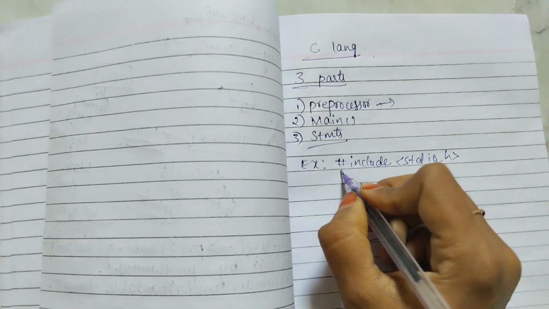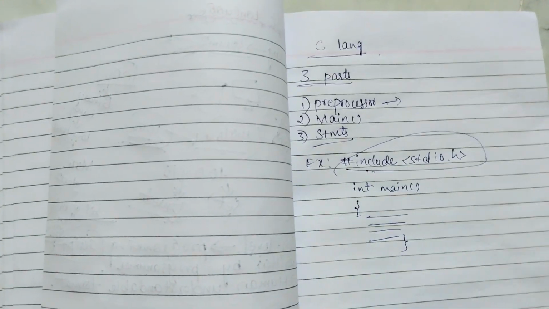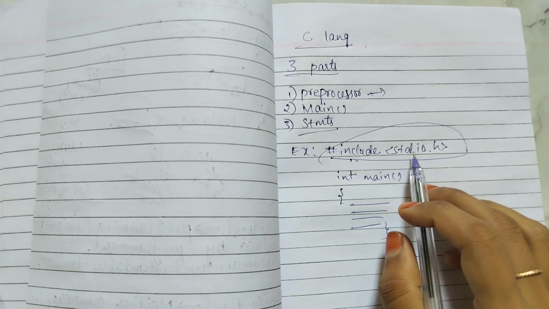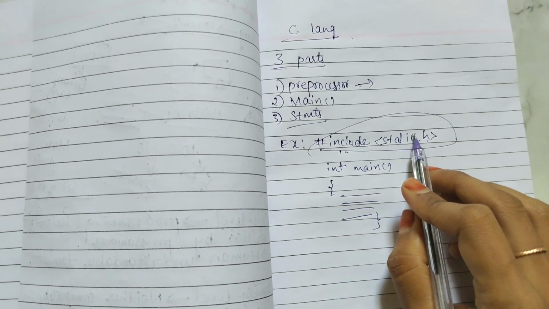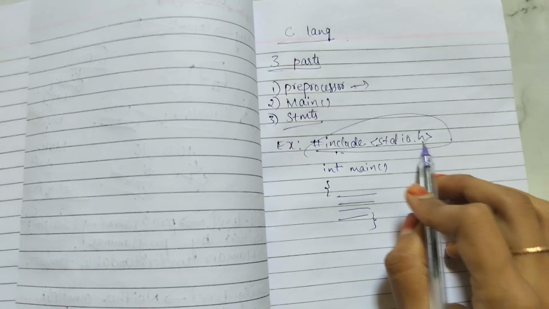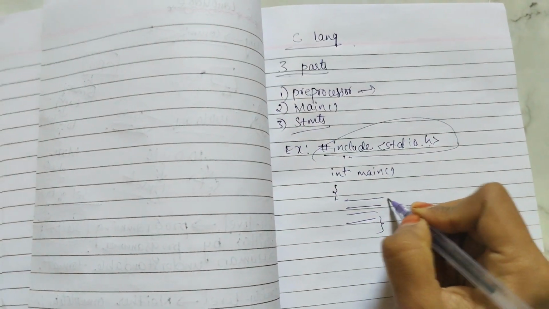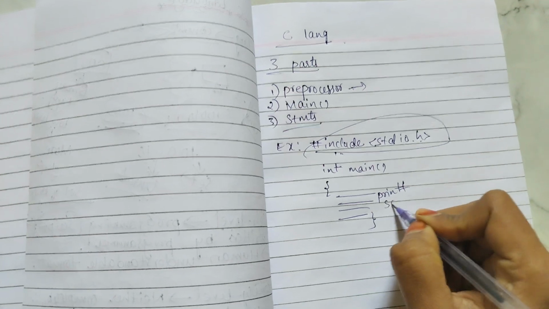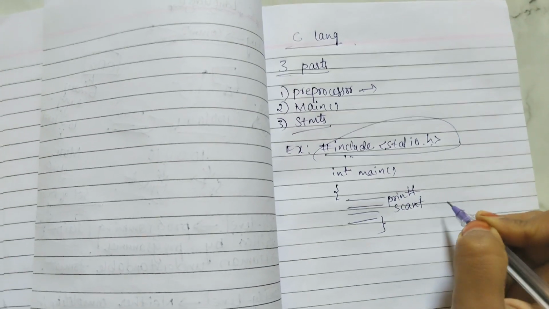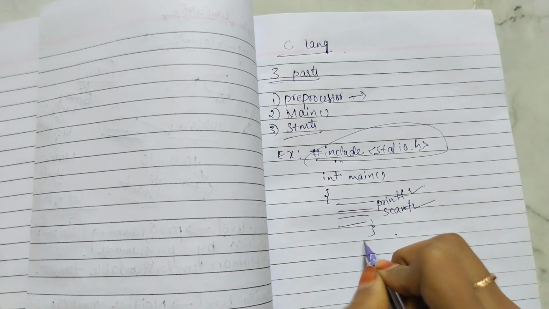Whatever I write as a header file, that might be #include <stdio.h>, which means I am including the standard input and output header files inside the program code. That means printf and scanf will work. I am including printf and scanf inside the program.